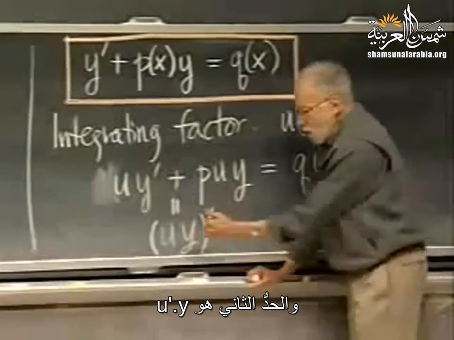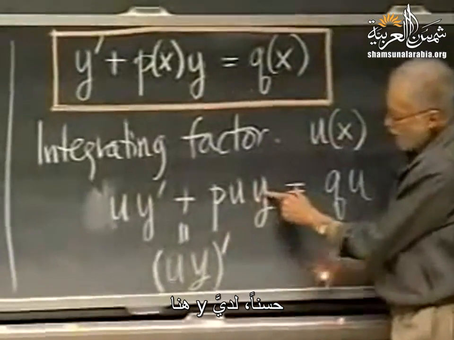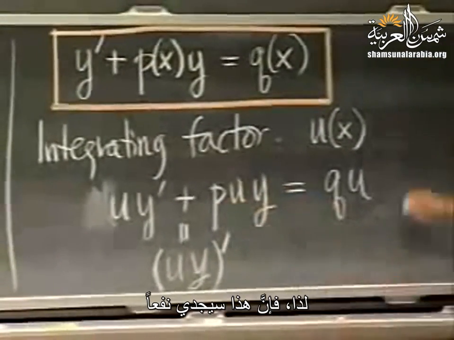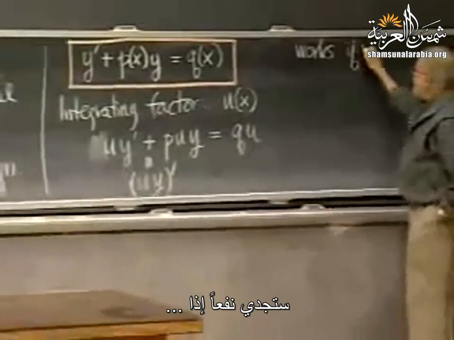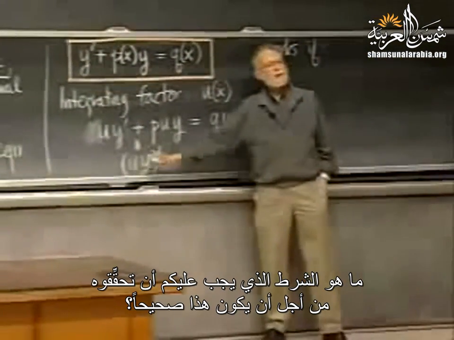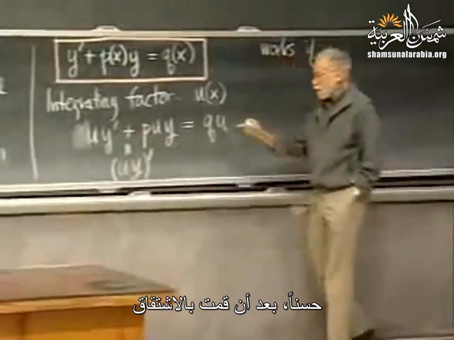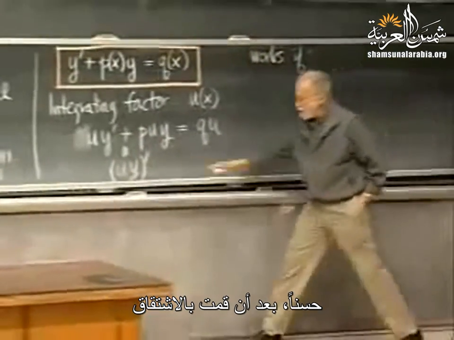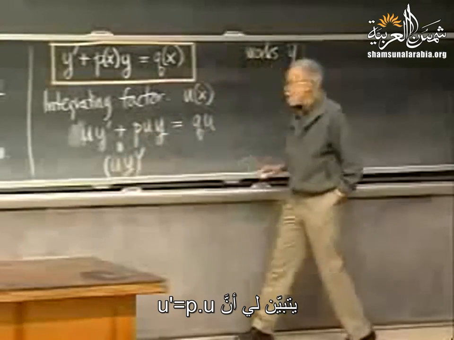The second term would be u prime times y. Well, I've got the y there, so this works if what? What's the condition that u must satisfy in order for that to be true? Well, it must be that after I do the differentiation, u prime turns out to be p times u.